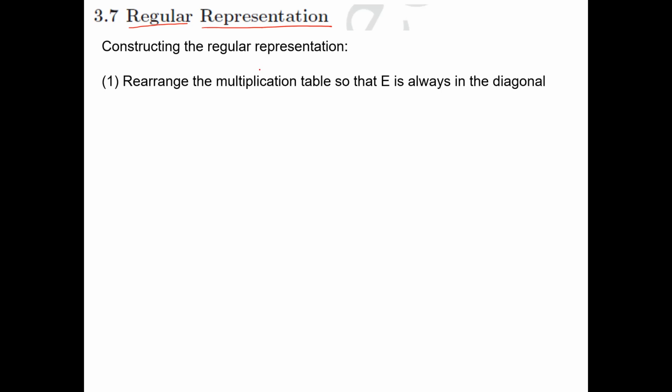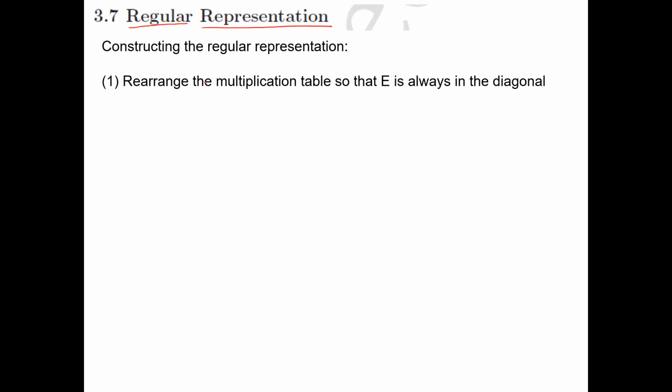So let me now introduce and define a special type of reducible representation, which is the so-called regular representation of the group. The regular representation is constructed in the following way.